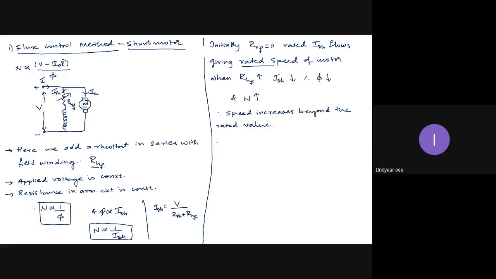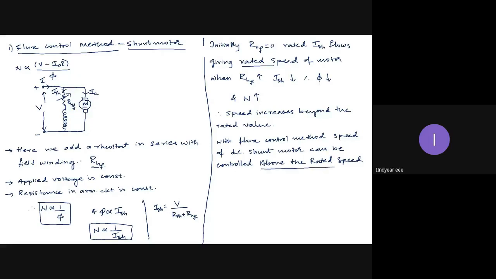So with the flux control method, the speed of a DC shunt motor can be controlled above the rated speed.